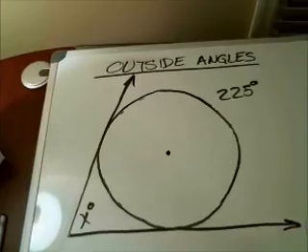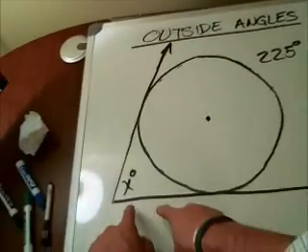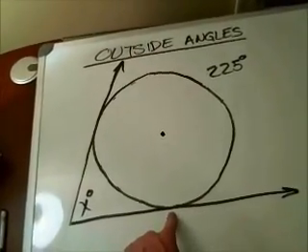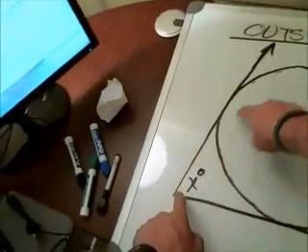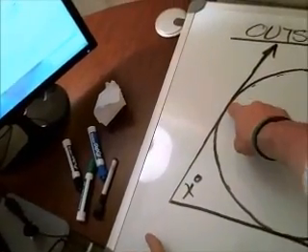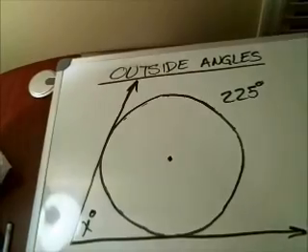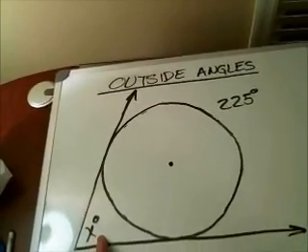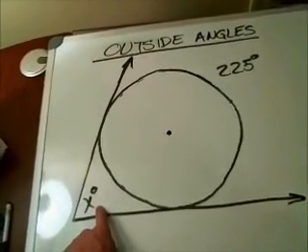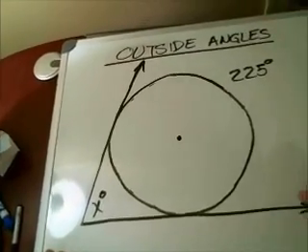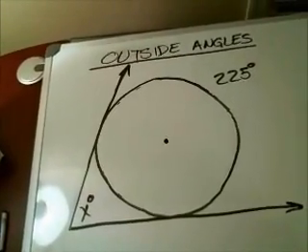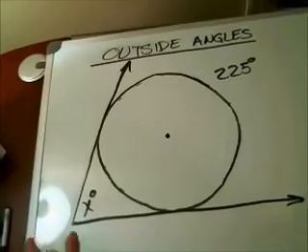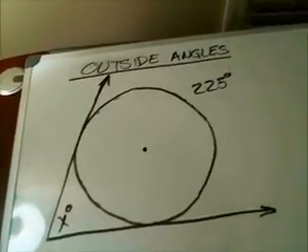Now here, I have 2 tangent segments because they only touch the circle at one point. Again, a tangent segment because it touches the circle at one point. Now, this outside angle is what I'm trying to find. And I'm told that this outer arc, this big arc, is 225 degrees. Find the angle. Now here's the deal.